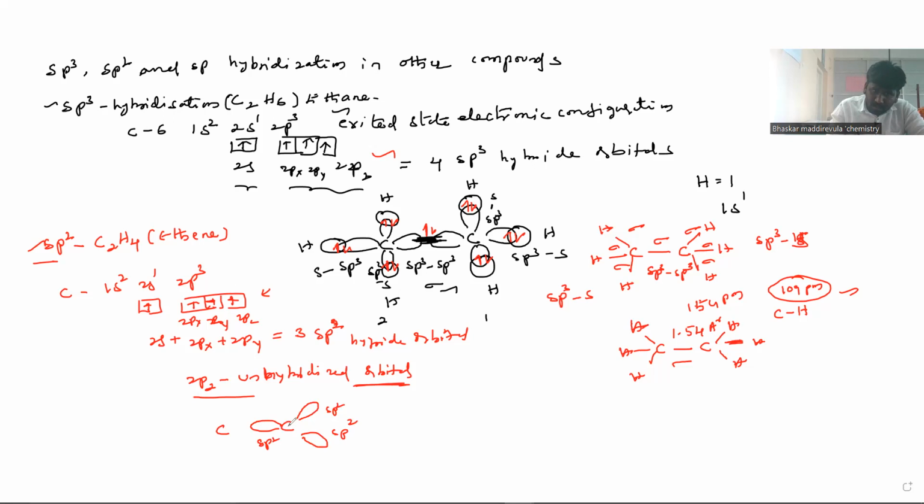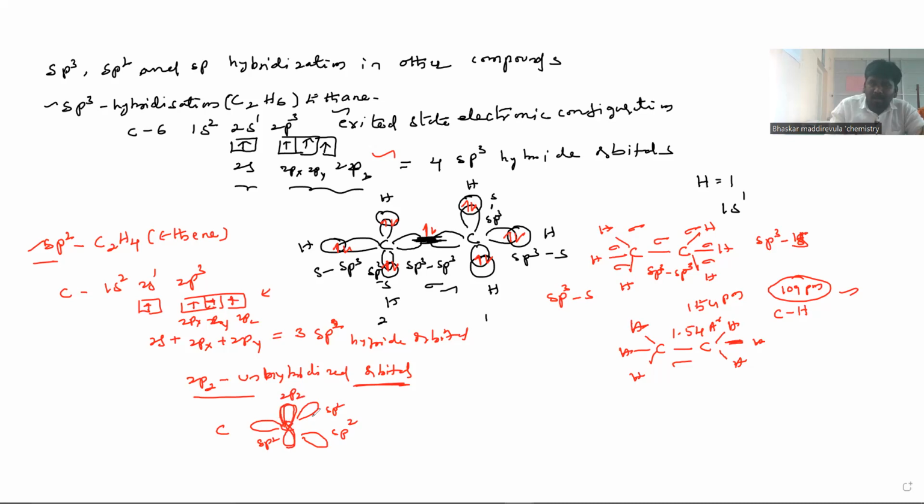This 2pz will have a dumbbell shape that will be oriented like this. This is the 2pz orbital with the dumbbell shape.